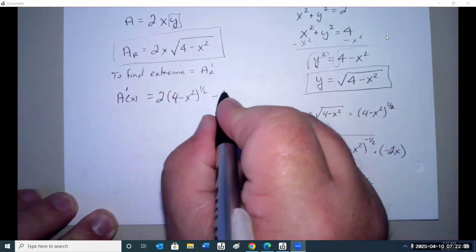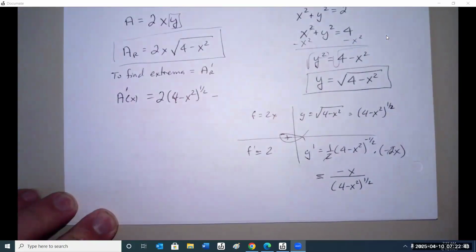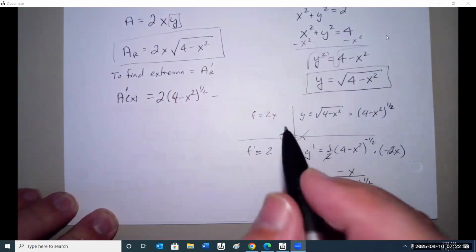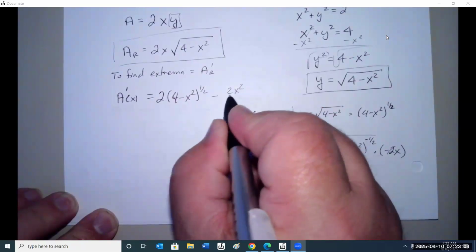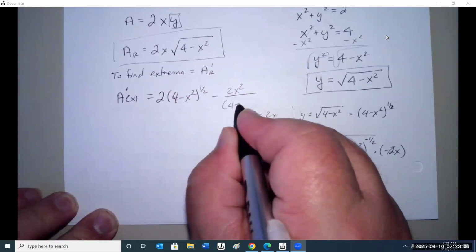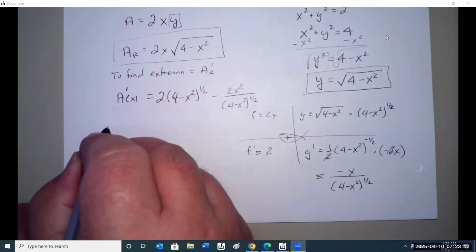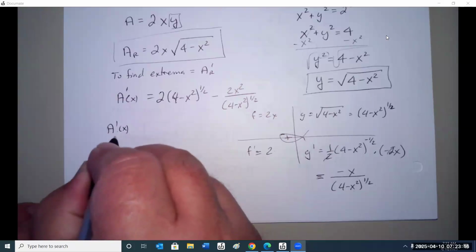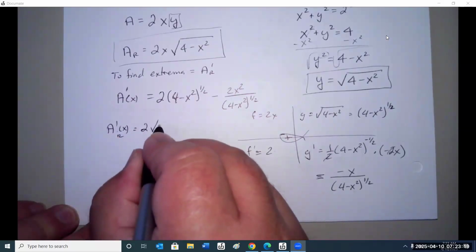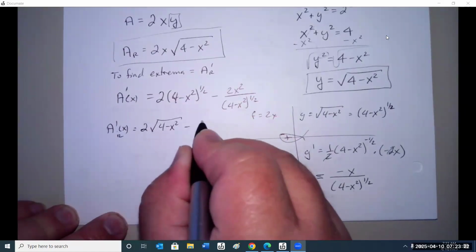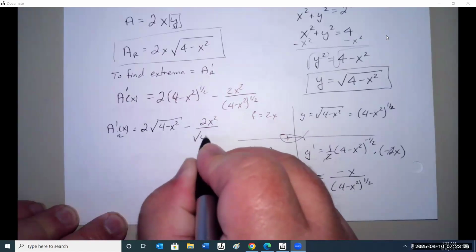Negative x times 2x is negative 2x squared over 4 minus x squared, which can be rewritten as 2 radical 4 minus x squared minus 2x squared over the square root of 4 minus x squared.